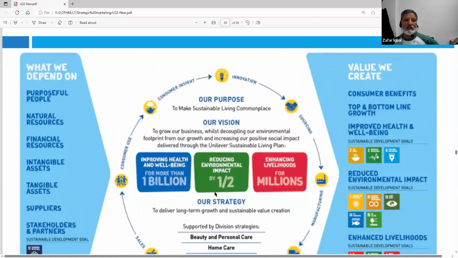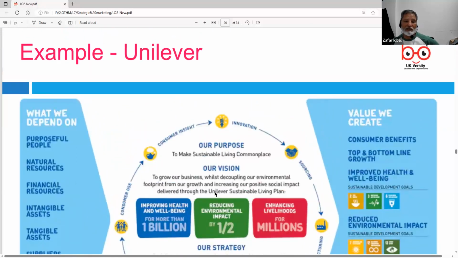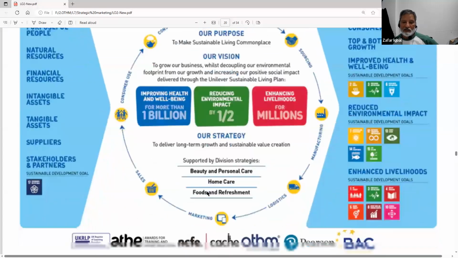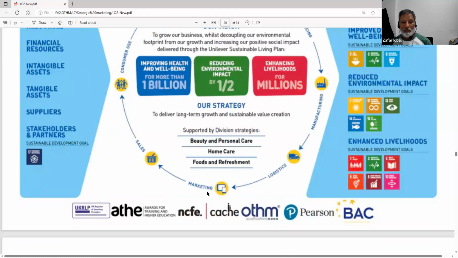So you can see how far Unilever is implementing its sustainable policy into action. A lot of other organizations are using their CSR as a base for delivering goods and services for the benefit of the community.